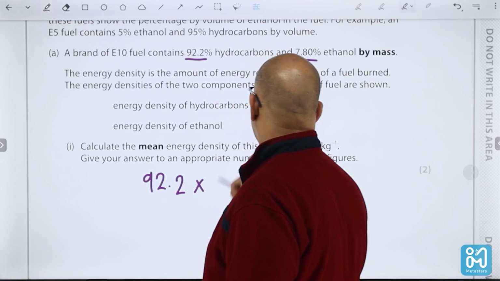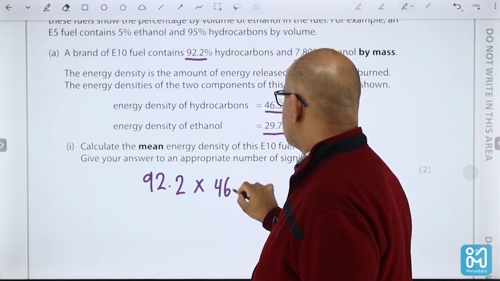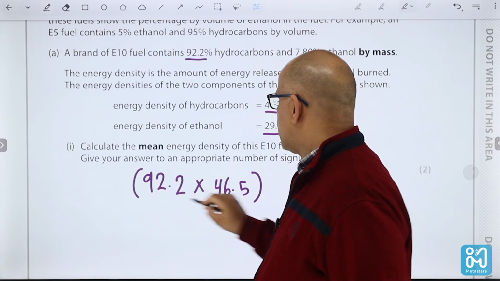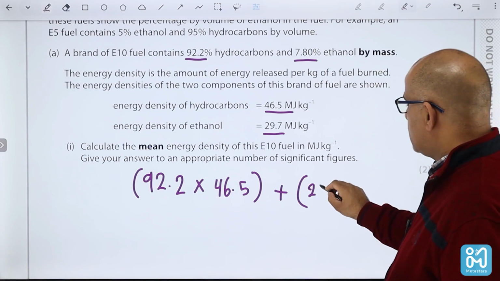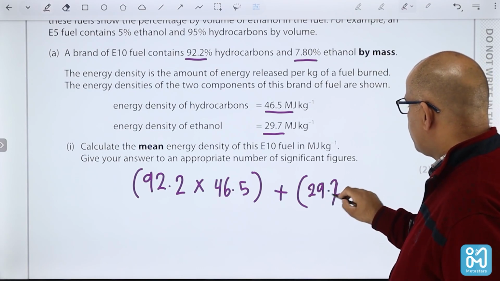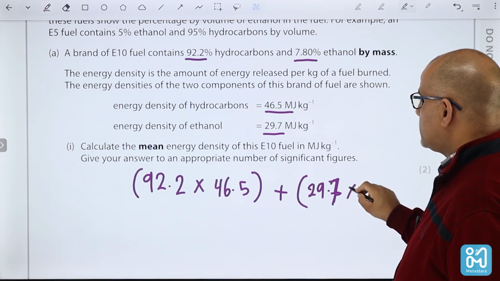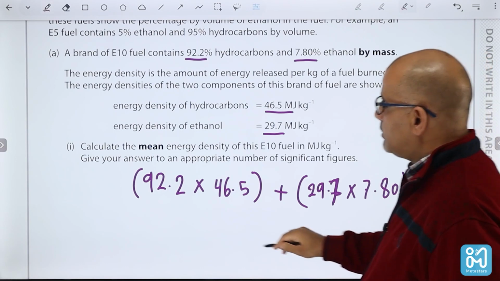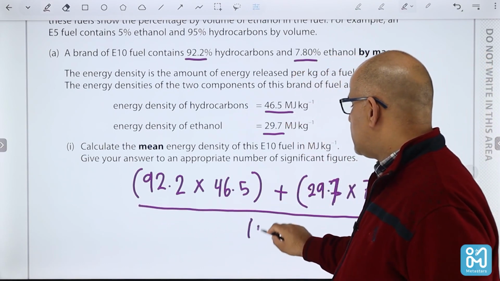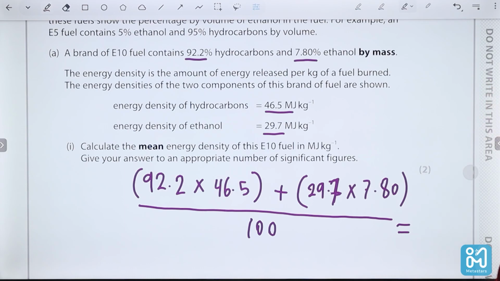So you can take 92.2 times 46.5, plus the second one, which is 29.7 times 7.8, and this is over 100%, and we got the answer, which is 45.19.